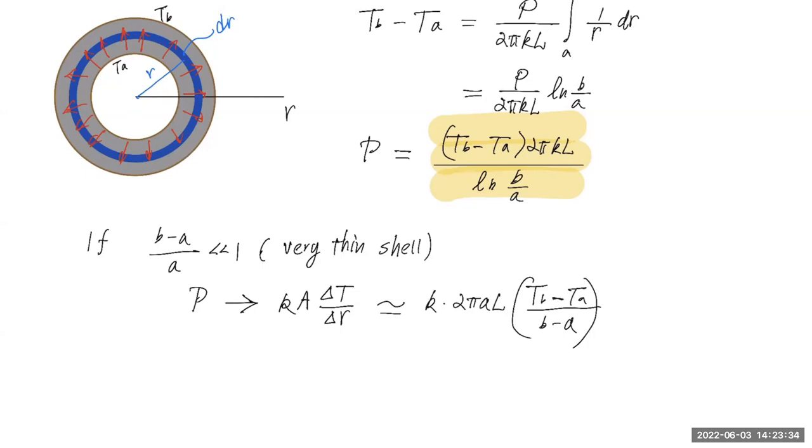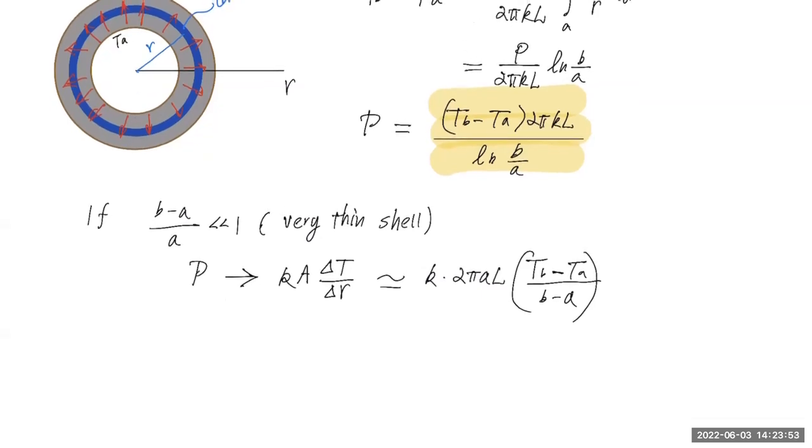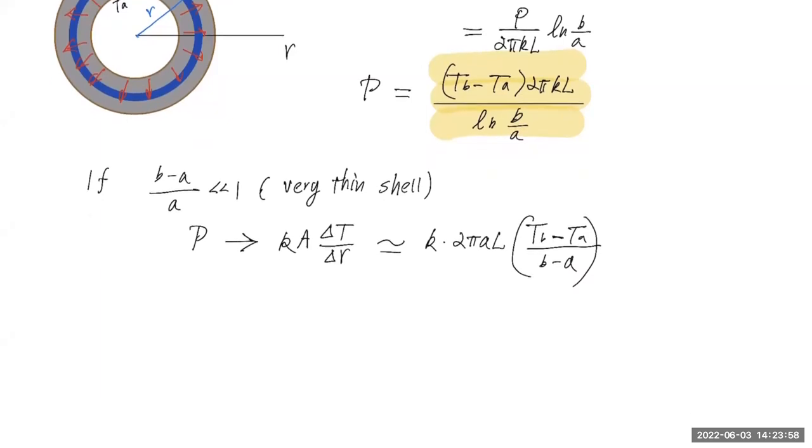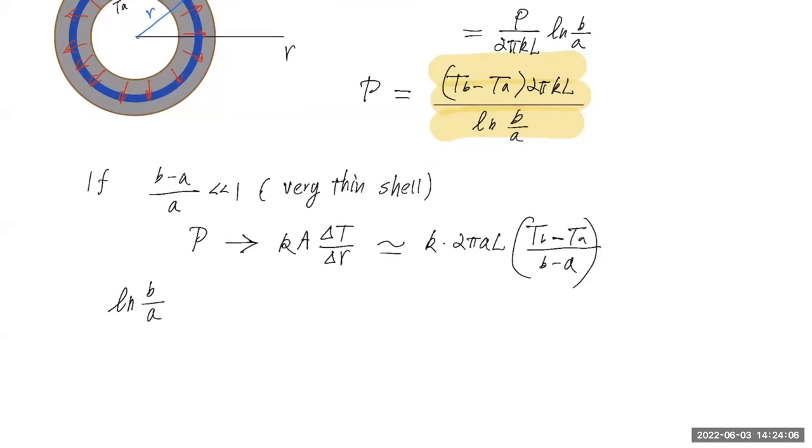Now, on the other hand, we have this general expression, right, that's highlighted? That's valid for any thickness of the shell, whether thin or thick. But mathematically, can this general expression reduce to this special case of thin shell when B is pretty close to A? Well, you look at the general expression, there's a natural log function, which is missing in this special case of thin shell. But a natural log function, okay, I have natural log of B over A. The natural log function can actually be approximated when the argument is pretty close to 1.